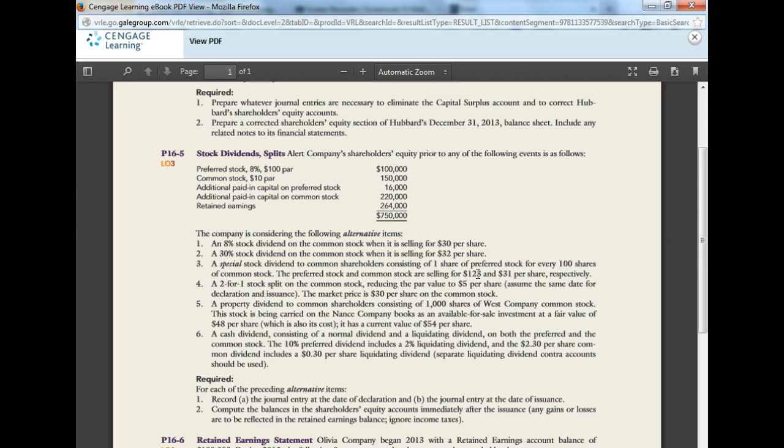Or it might be a little more than that. Right now we've got $10 par, 150,000. So you're thinking 15,000 shares.